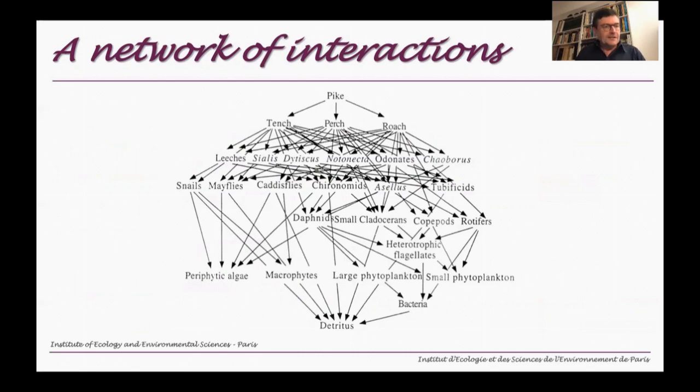This is an example of a network of interaction in a lake, a network of trophic interactions. All species, in fact, are involved in trophic interactions through predation, competition, parasitism.